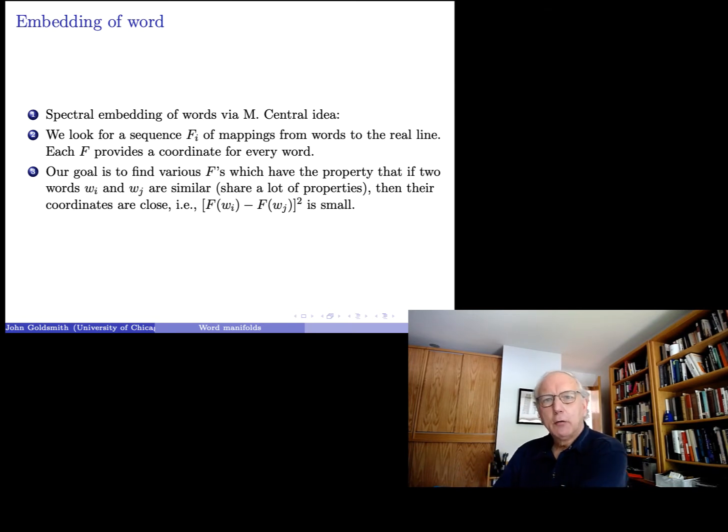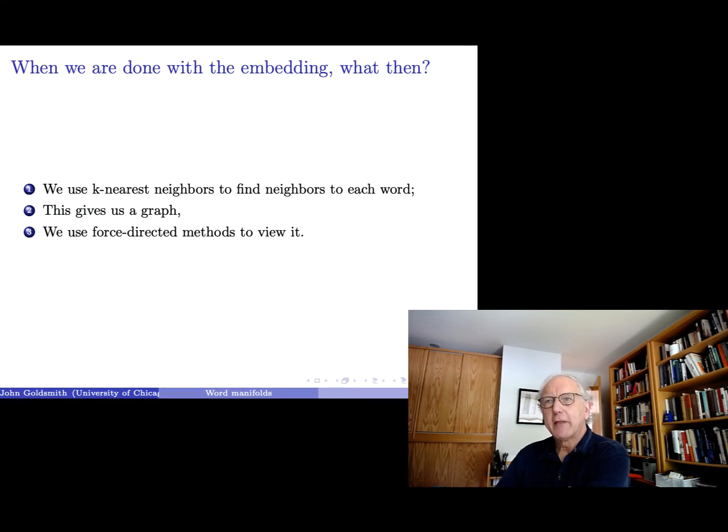All right, so suppose we come up with an embedding. What do we do with that? Well, what I'm going to do here is look for the k nearest neighbors. I'm going to choose a value of k on the order of 5 or 6. And because the words are now embedded, it's a perfectly reasonable question to ask of any word: what are your 5 closest neighbors, or your 10?